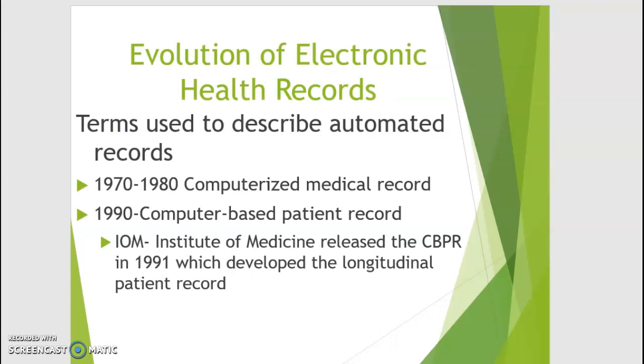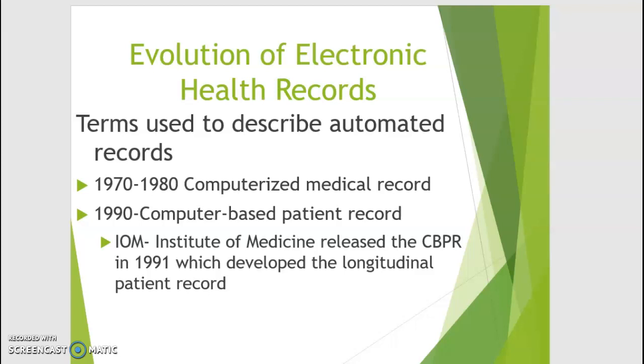So the whole evolution, I'm not going to get too much into this. So we go all the way back to 1970, 1980, which is actually where your computerized medical records start. It really didn't start coming into where people used it a lot until 1990. This is where we got the computer-based patient record.